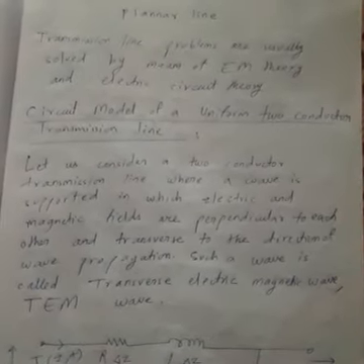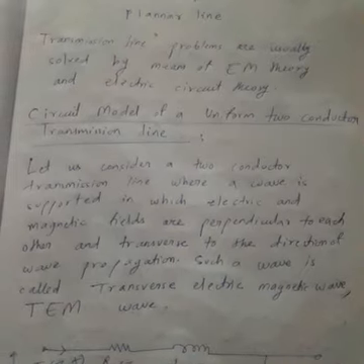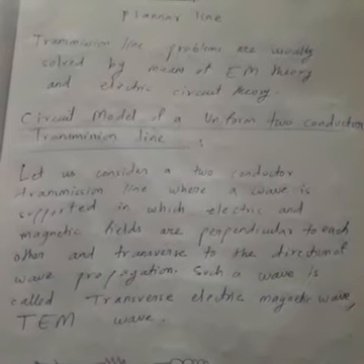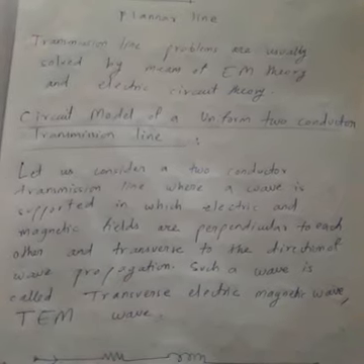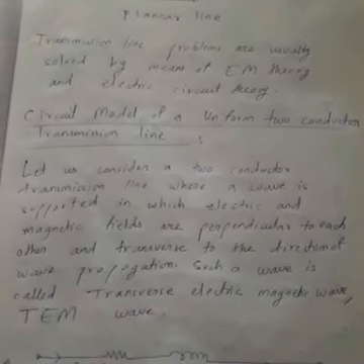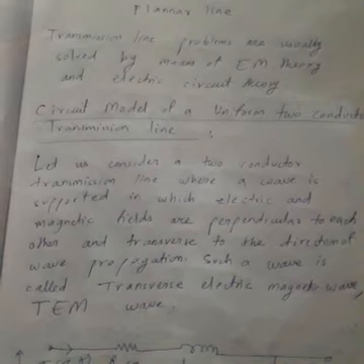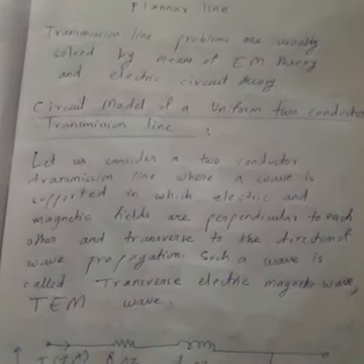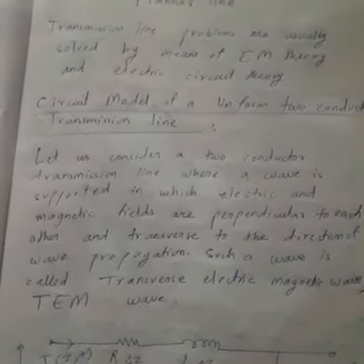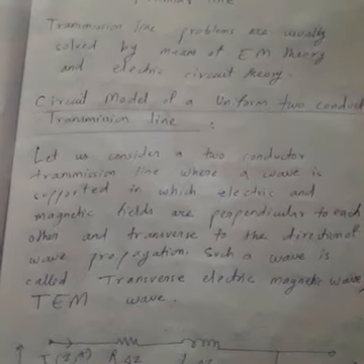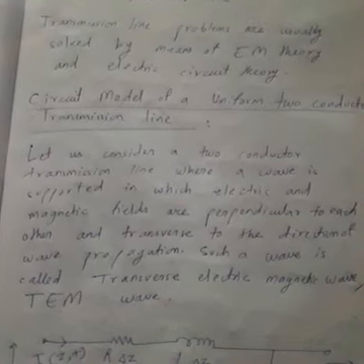Our next topic is the circuit model of a uniform two conductor transmission line. What is the meaning of uniform? Uniform means the field set up in this conductor is a uniform electric field. Okay, so let us consider a two conductor transmission line where a wave is supported in which electric and magnetic fields are perpendicular to each other.